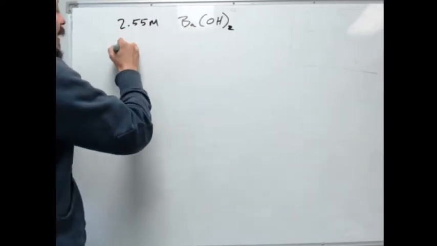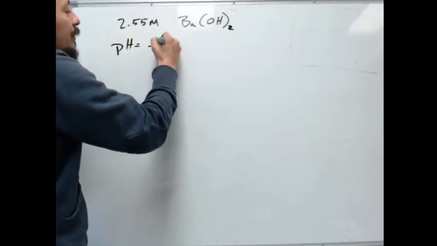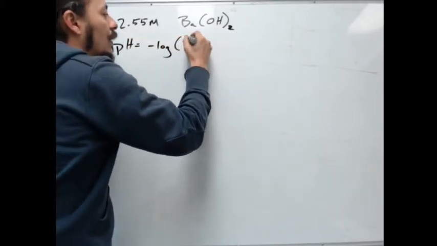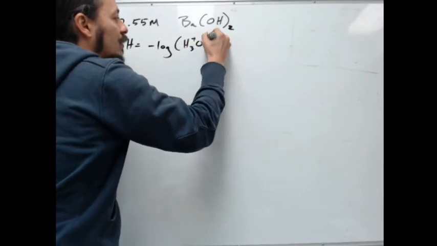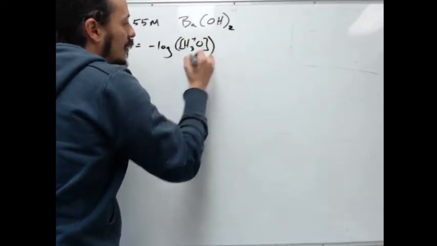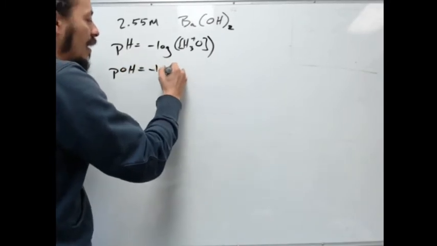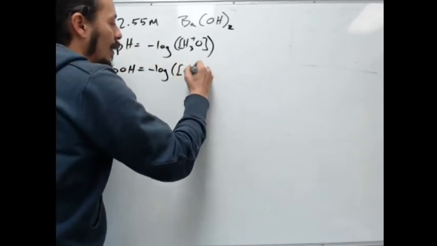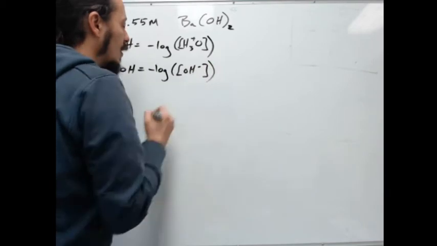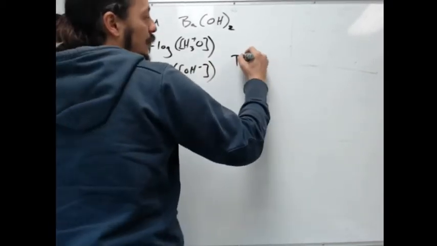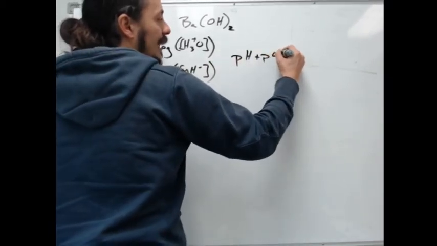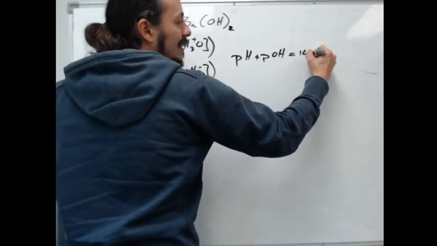So we want to recognize that we've got pH equals the negative log of our H3O plus concentration. We want to recognize that pOH equals the negative log of our OH minus concentration. We want to recognize that we can do pH plus pOH equals 14.